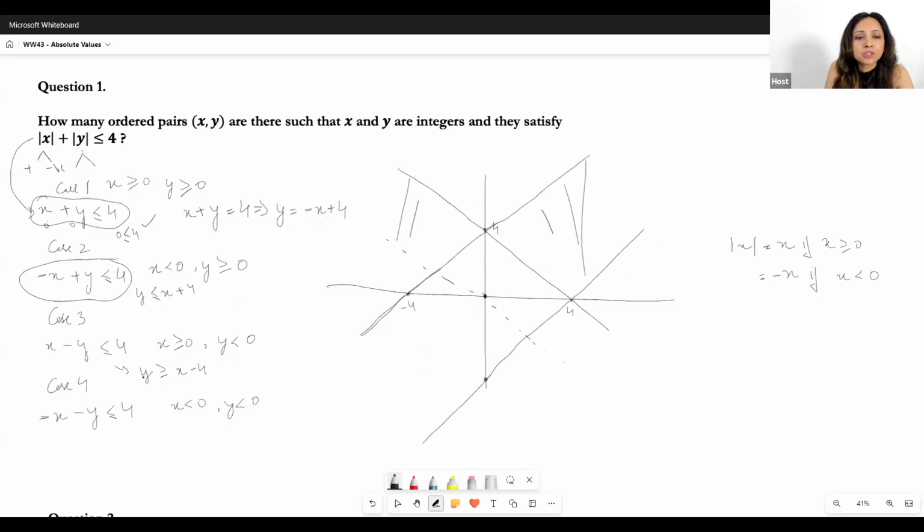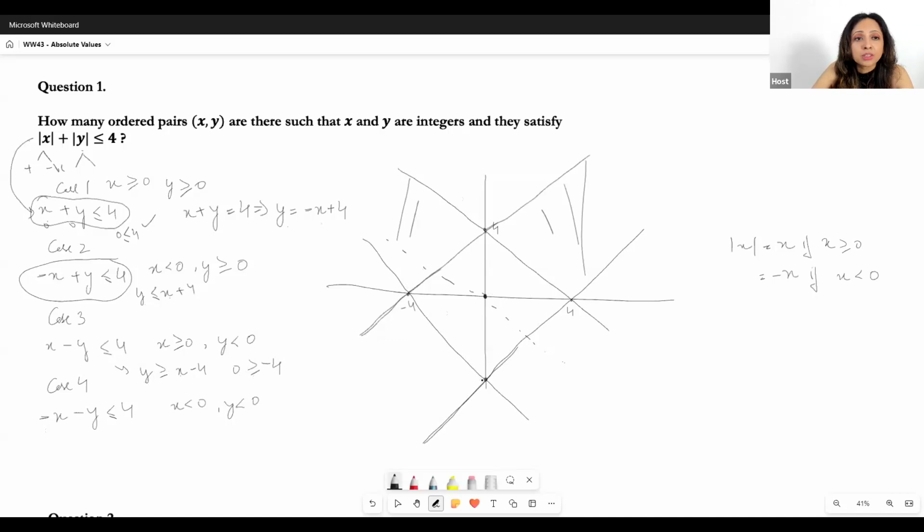Yeah, and if I put 0, 0 over here, I get 0 is greater than or equal to minus 4, which is valid, which means the 0, 0 point is again a part of this inequality of ours. So then this entire region above this particular line is again valid, right? And then when I draw this one, of course, I'm sure you would have guessed now that this line is going to be this particular line. And of course, then this region is going to be valid.